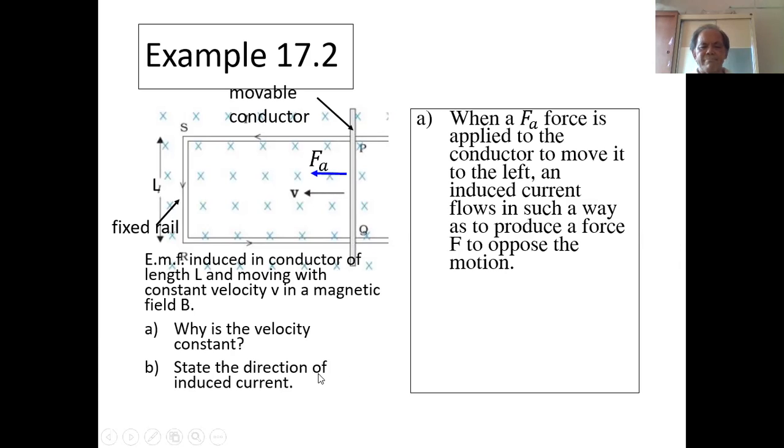Then Lenz's law will tell us the current will flow in such a way that it will produce an opposing force. So that's your opposing force. That's why it has to move with constant velocity. Both forces are equal but opposite in direction.